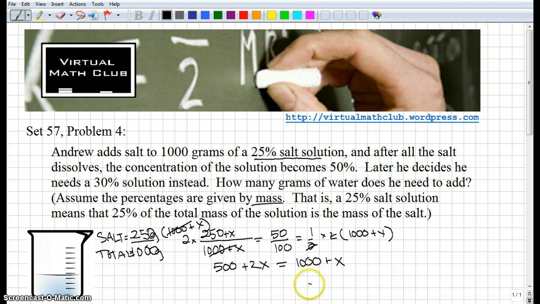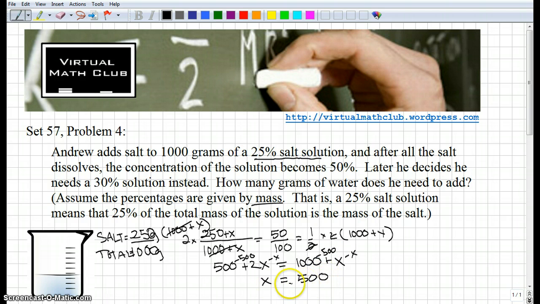So that's pretty easy to solve. If we subtract x from both sides, we end up with x on this side, and then we can subtract 500 from both sides. If we do the same thing to both sides of an equal sign, it's still equal.